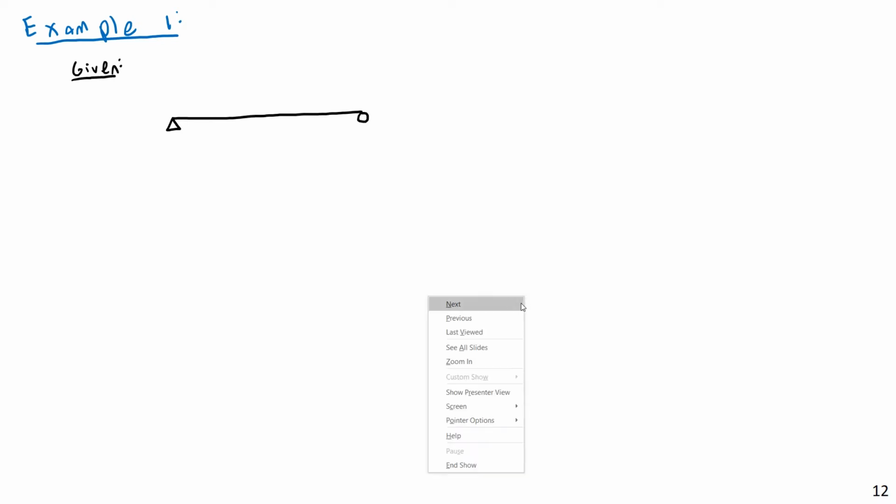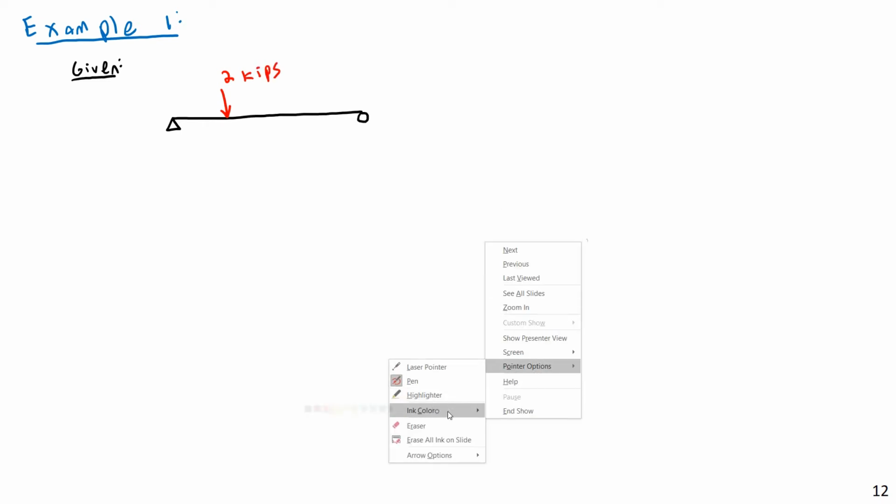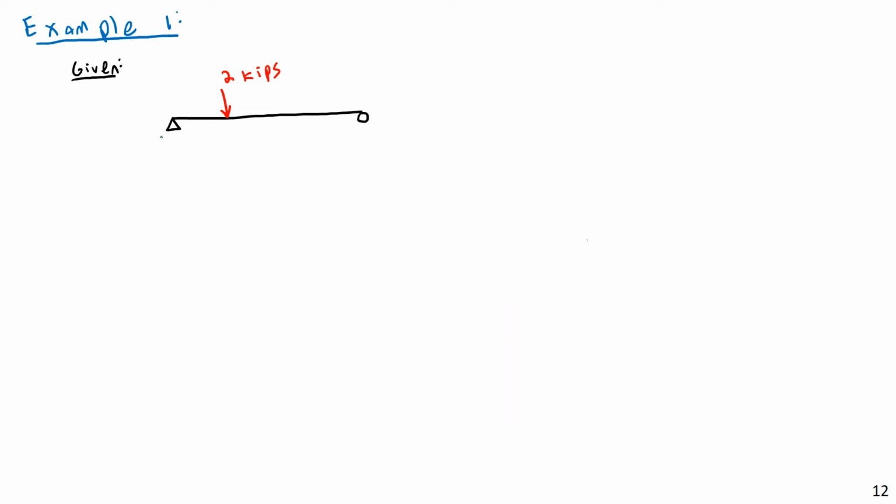and let's say there is a force of 2 kips, a kip being of course equal to 1,000 pounds. And then let's also say that we have dimensions as follows. We have a dimension of, maybe, let's do this in English units. So let's say this is 3 feet and 9 feet.